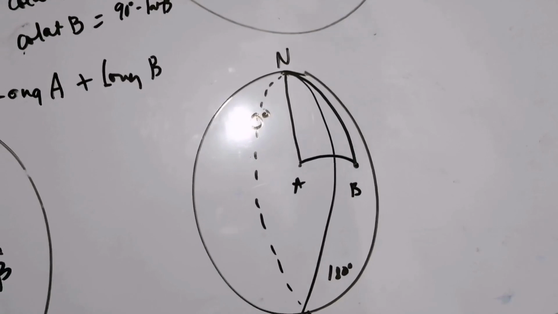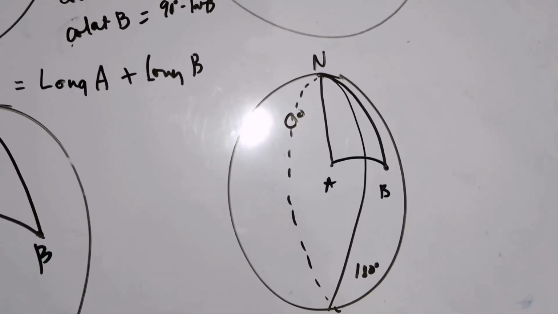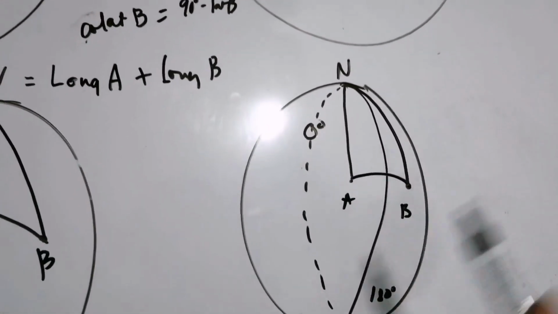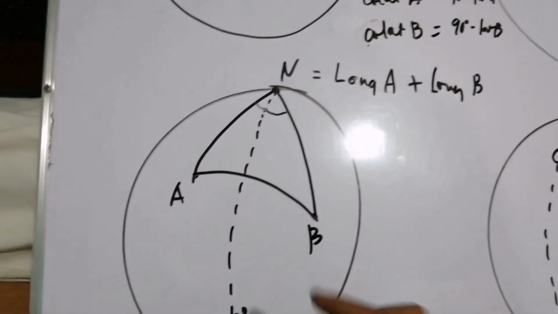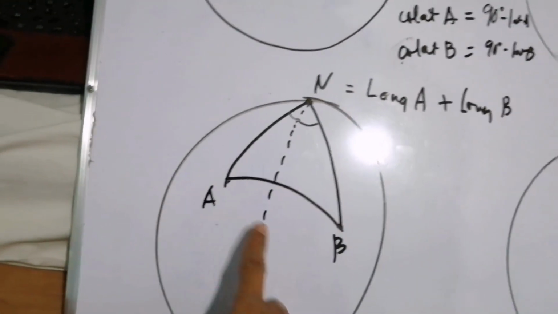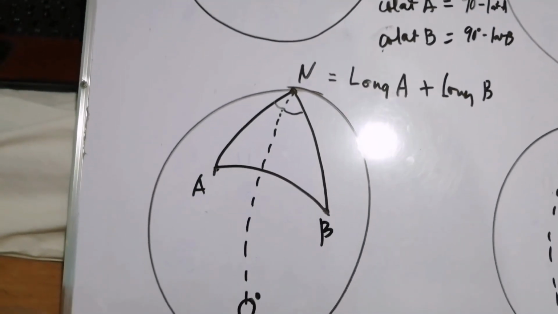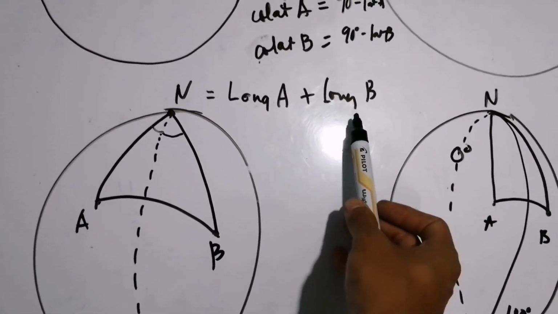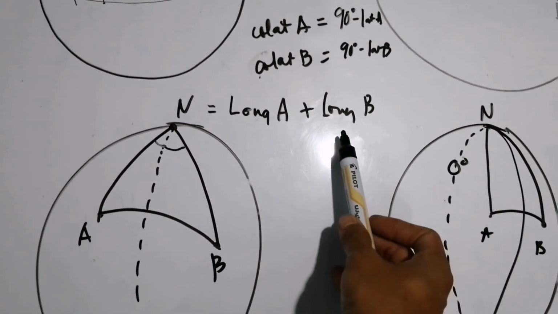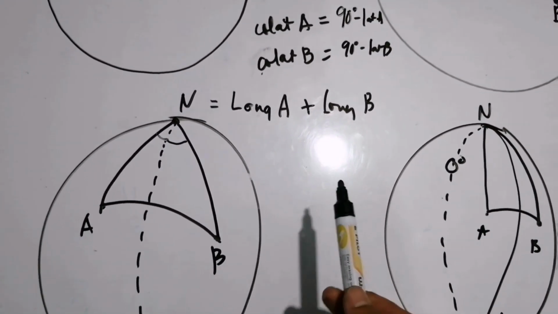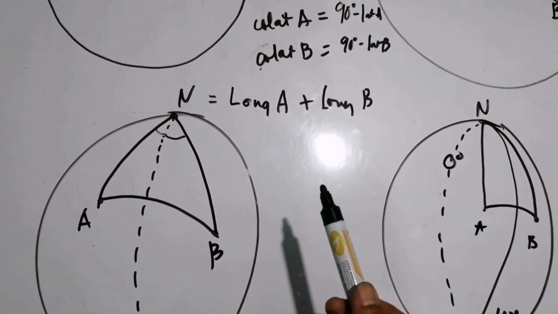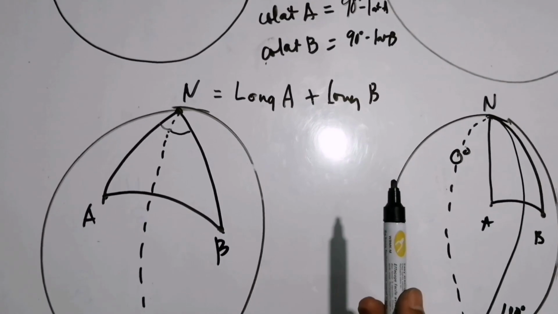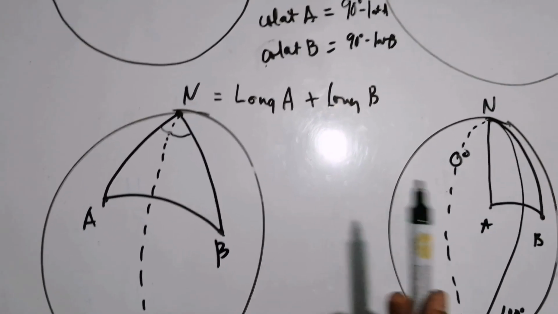Okay guys, the third possibility in getting the D-long, or your angle N, is this. A while ago, if points A and B are on different hemispheres or different directions, all we have to do is add the longitude of A and the longitude of B. Now, what happens if the sum turns out to be greater than 180 degrees? Is it still okay if your angle is more than 180 degrees?